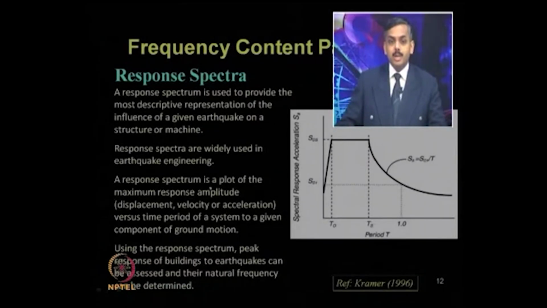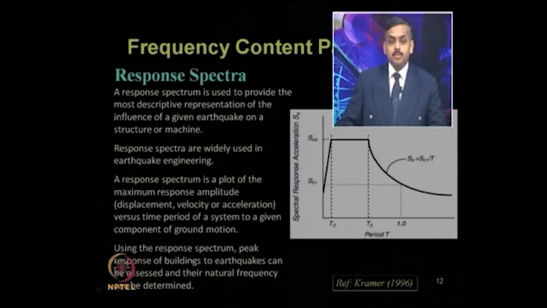A response spectra is a plot of the maximum response amplitude. As I said, that maximum response amplitude can be displacement, velocity, or acceleration, as you decide to express your y axis, versus the time period of the system, to a given component of a ground motion.